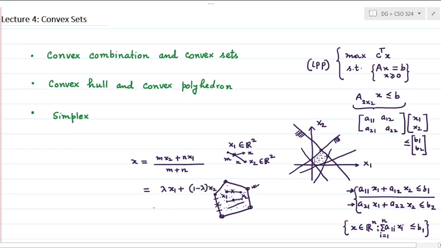Fine, where lambda is nothing but this positive fraction, and it lies in between 0 and 1. If lambda is equal to 0, then you are at the point x1. If lambda is equal to 1, then you are at the point x2, right?